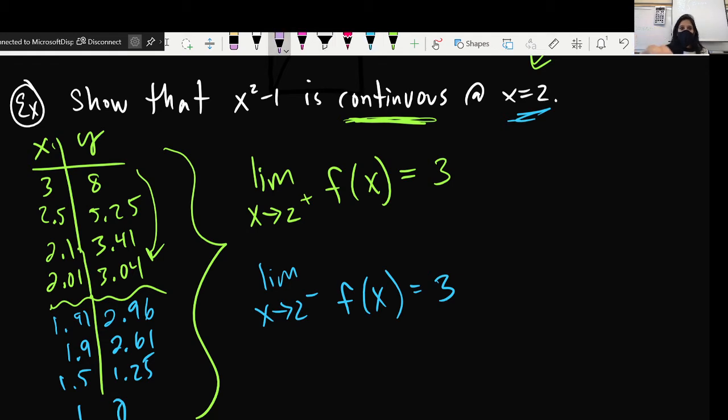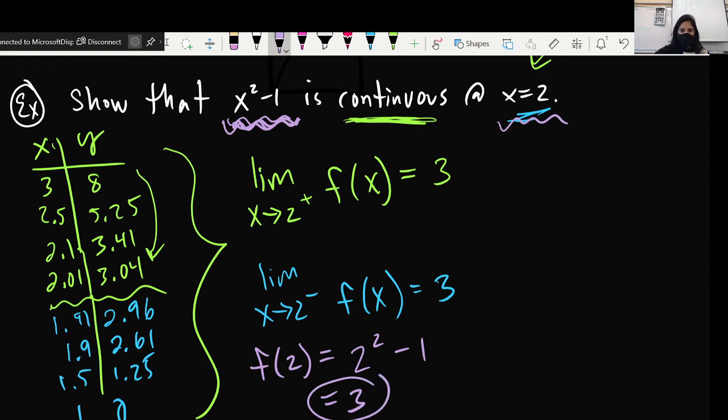And the other part of this is, if this was our original function, it's saying show that it's continuous at x equals 2, then we also do want to plug it in and look for what's happening at that precise point. f of 2, when we plug it in, would be 2 squared minus 1. So we're just taking our original function that we were given there. And we find that that is, in fact, equal to 3.